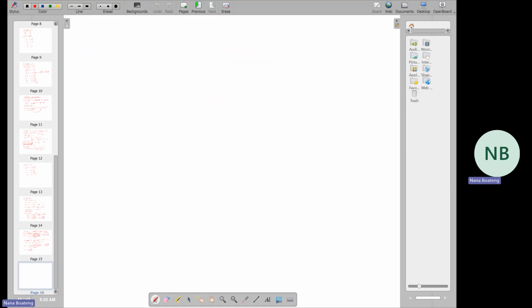Let's continue on the next page. So x is equal to -2 plus or minus square root of 12 divided by 4. All right. And square root of 12 is the same as square root of 4 times 3. So it's equal to square root of 4 times the square root of 3.